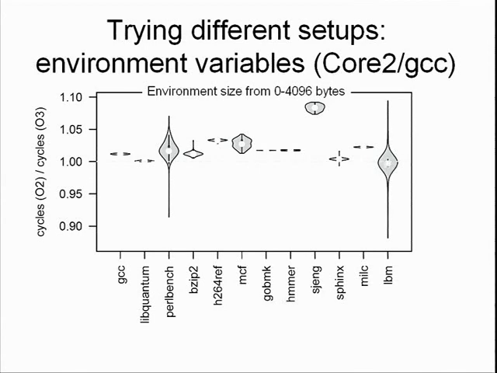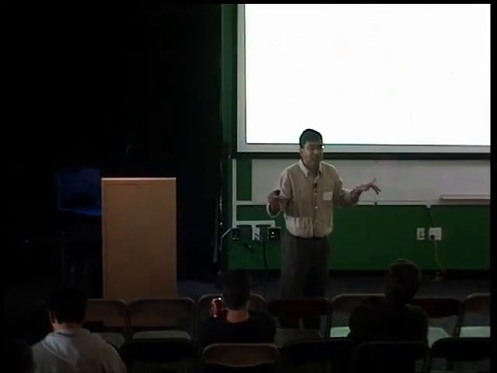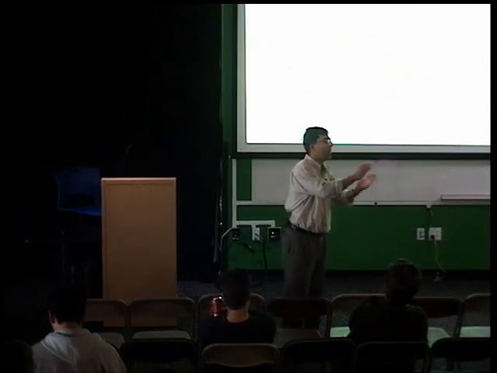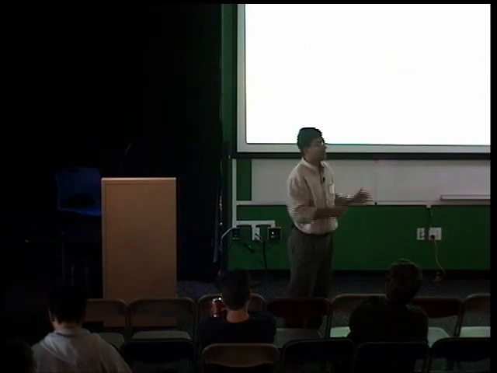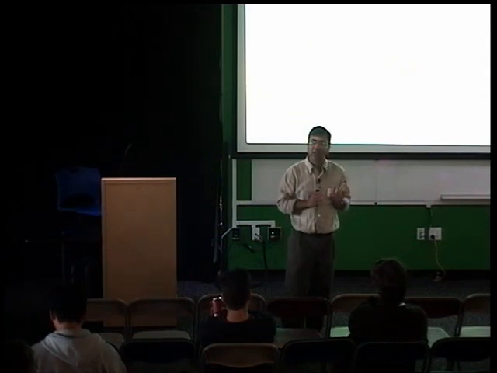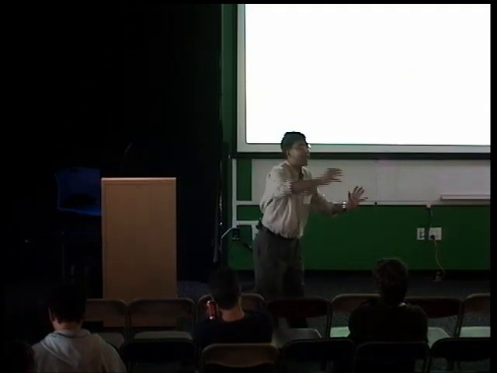And what we did is we created a dummy variable, and that variable has nothing to do with your program. And all we are doing is changing its size. Now what that does is that the environment variables show up over the stack, the execution runtime stack of the program. And so changing the environment variables shifts the stack around.